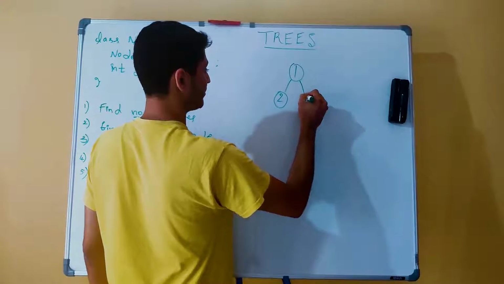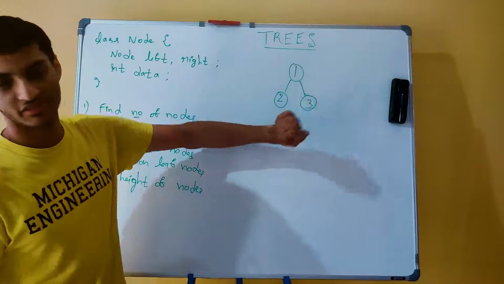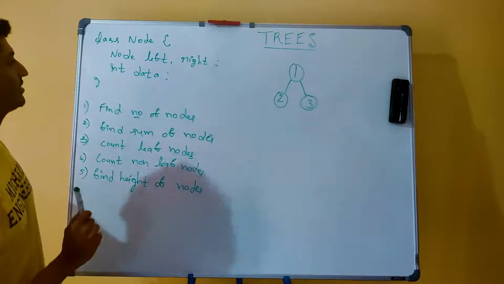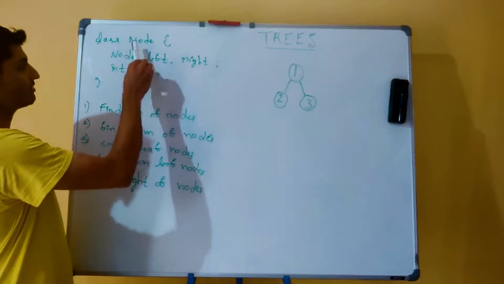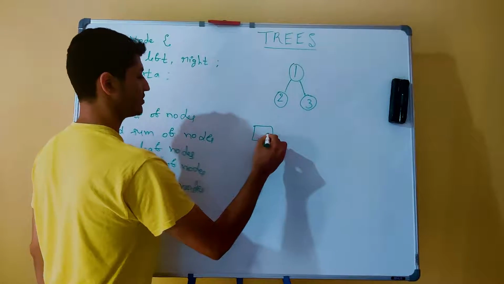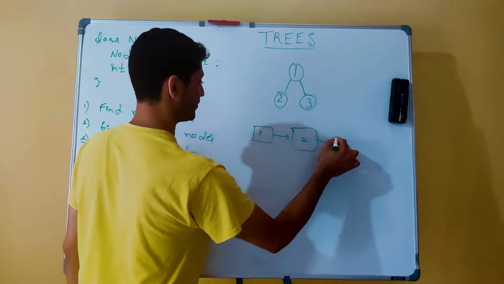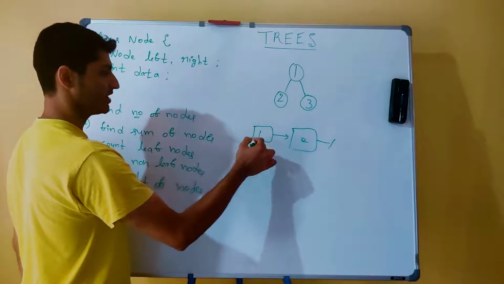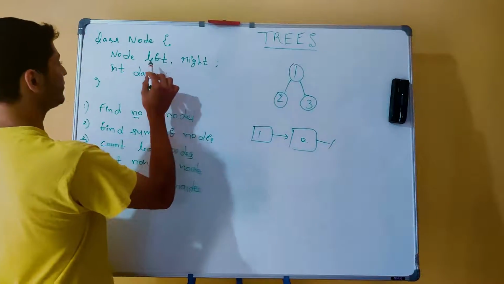A tree is a collection of nodes linked in a certain way. If you have used a linked list while programming, then you would know that a linked list will contain some data. Let's say this is a linked list: 1, 2. Each node will represent some data and it will have references to other nodes.